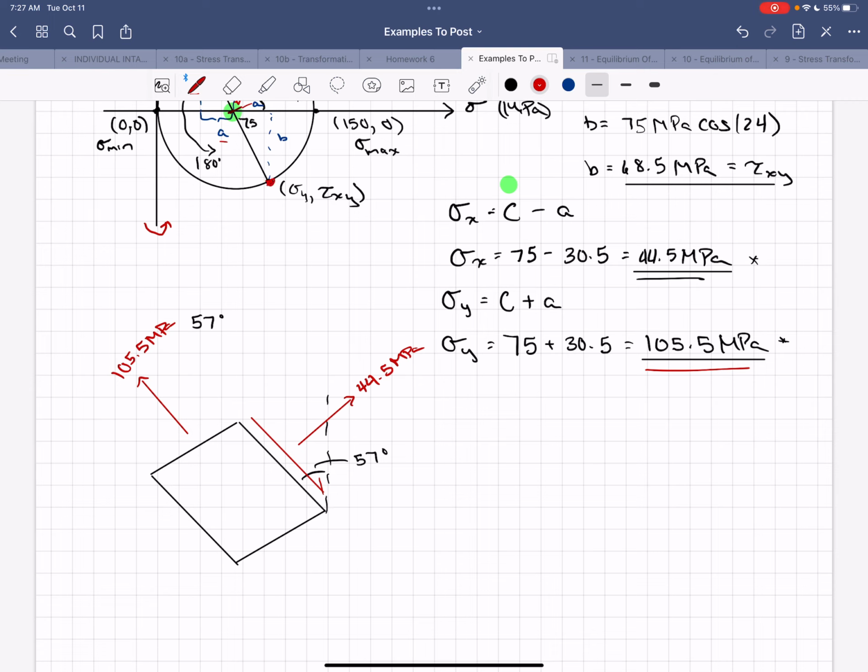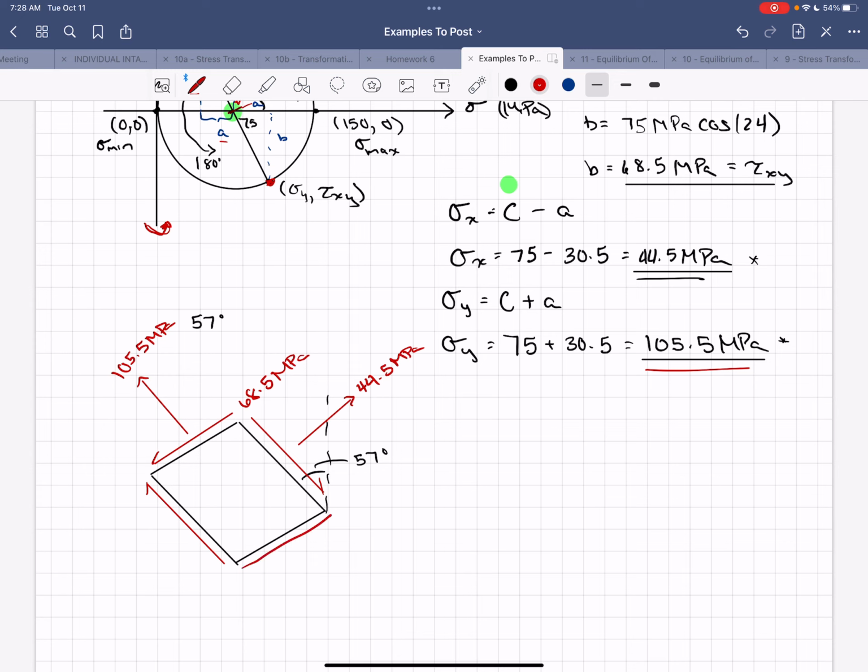That point is below the x-axis, so it's going to rotate it counterclockwise. So, just like we talked about, that shows us the tails match. And we have this equals 68.5 megapascals. And then the arrows point towards each other.